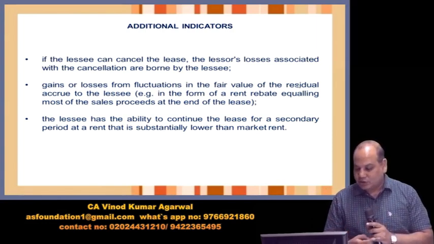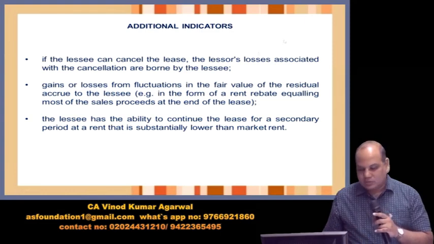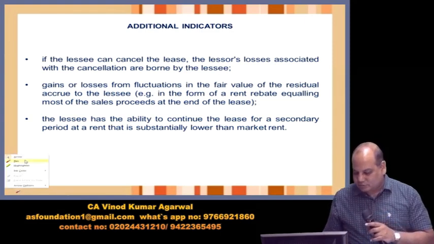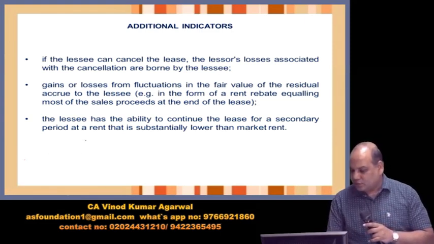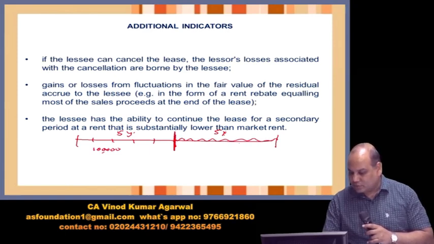And next, the lessee has the ability to continue the lease for a secondary period at a rent which is substantially lower than the market rent. Let us say, for example, it is a 10-year lease term. For the first 5 years the lease rental is 1 lakh per annum, and then for the next 5 years it is only 2000 per annum.